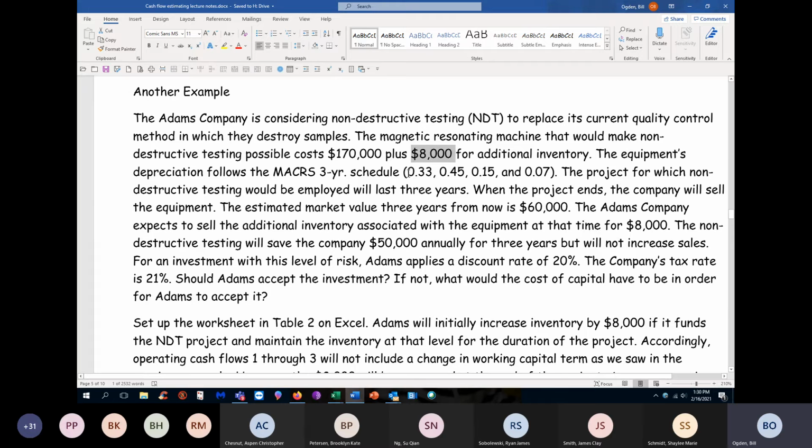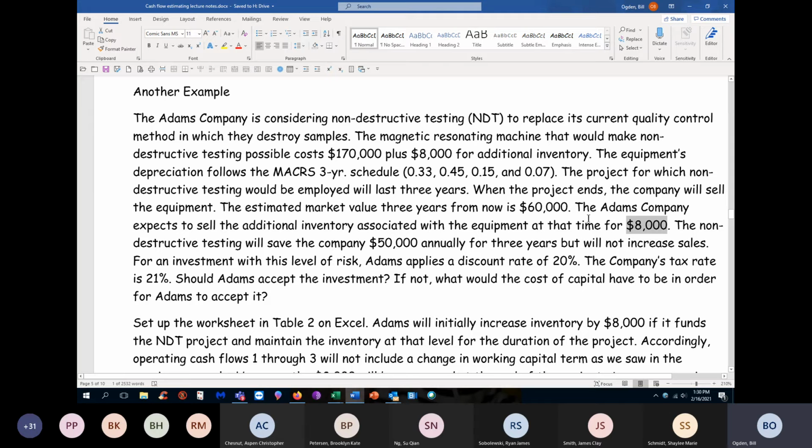So they're going to follow the 3-year schedule. I tend to do that. Okay, and it'll be employed for 3 years. And they think it'll be worth $60,000 at the end of the 3rd year. So when this project is over, they think they can recover the entirety of that inventory.